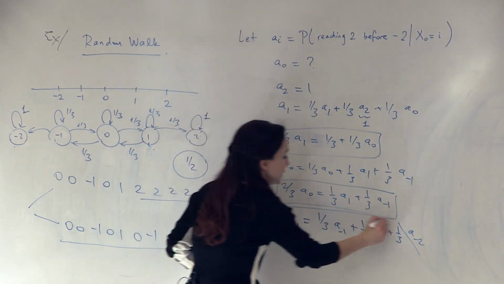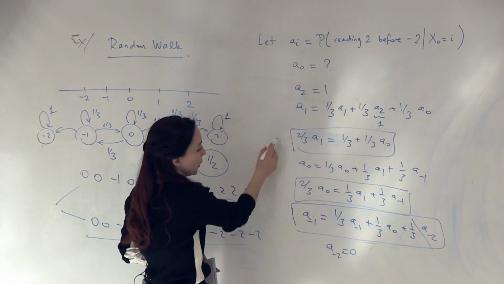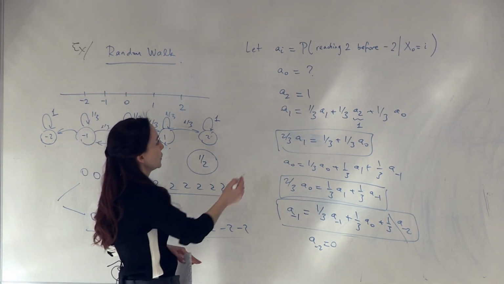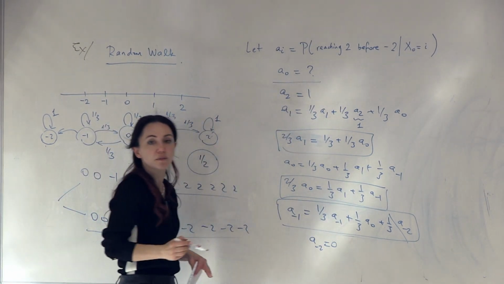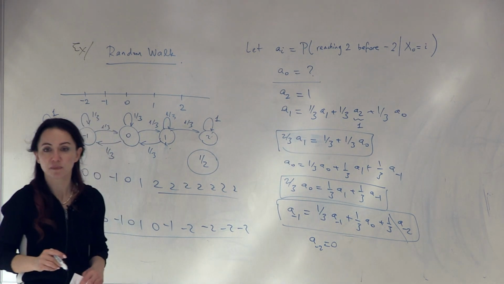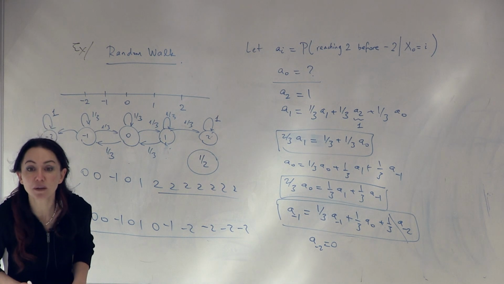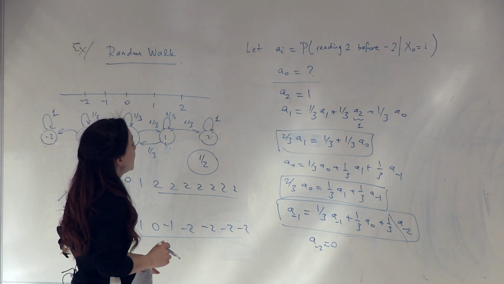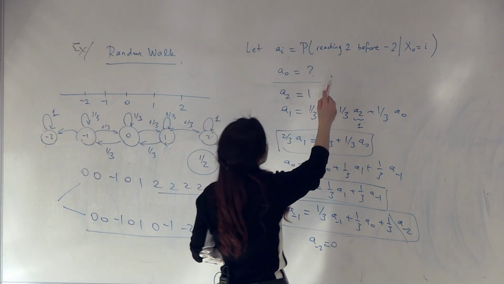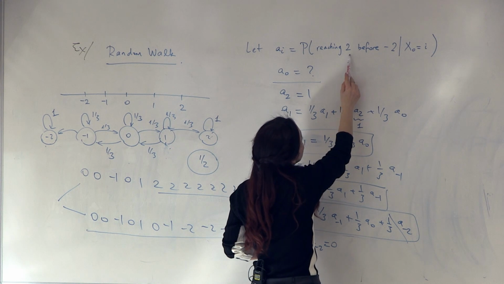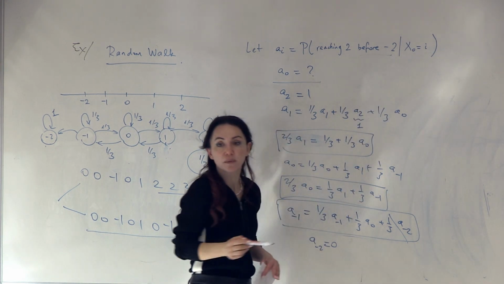So I have basically 3 equations in 3 unknowns, and solving those, I can find the result. Any questions? Yes, please, Ecem. A-2 is 0 because Ai is defined as reaching 2 before reaching -1.